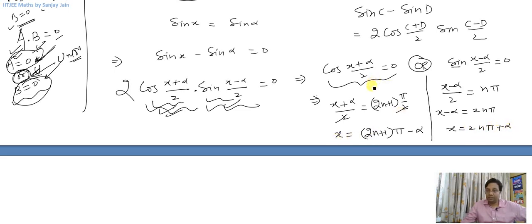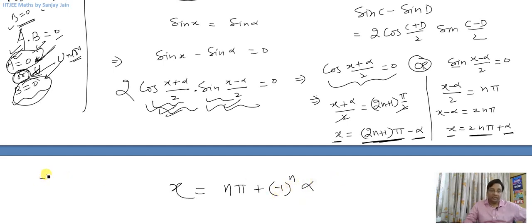So I've got these solutions that x will be equal to an odd multiple of pi minus alpha, or x will be equal to an even multiple of pi plus alpha, and I can collectively write them as n pi plus minus 1 raised to power n alpha, because minus 1 raised to power n will be 1 when n is even and will be minus 1 when it is odd. So whenever you want to incorporate both the signs plus and minus, and an even value of n has to give you plus and an odd value of n will have to give you minus, you can incorporate both the signs by using this.